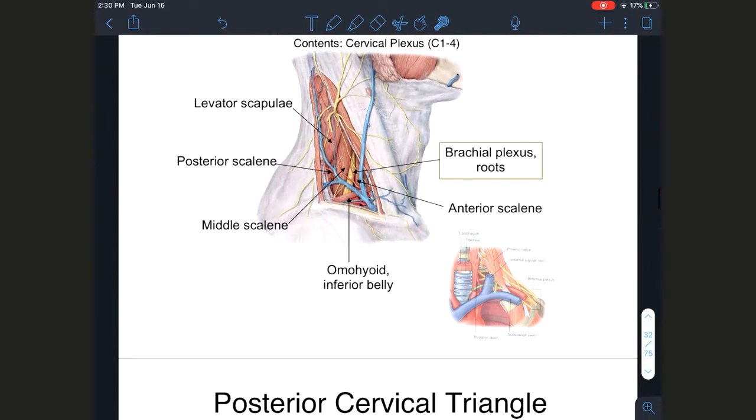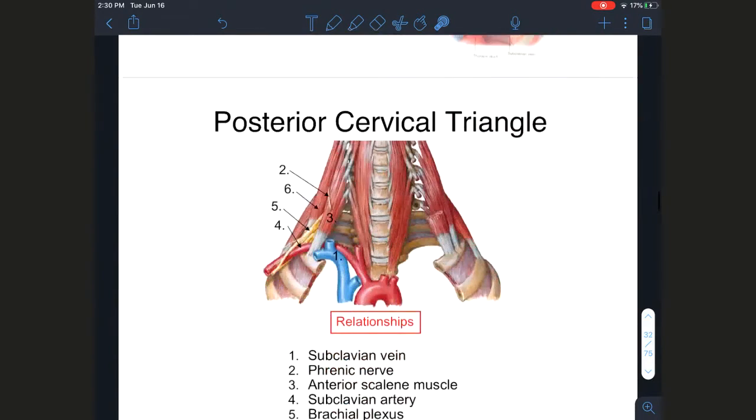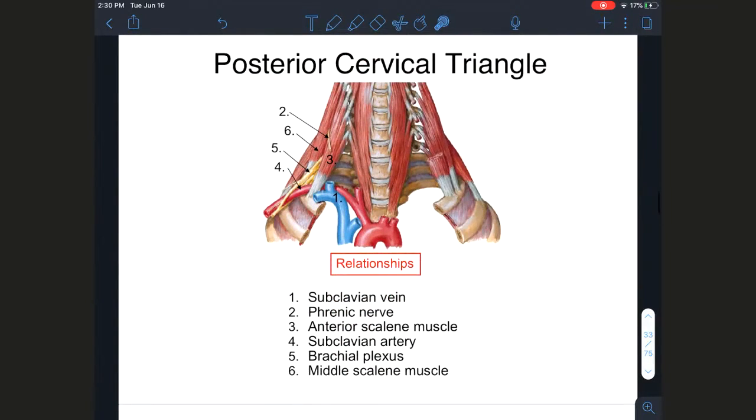Can you go back down again real quick? He mentioned something about C345 keeping the diaphragm. Yes, the phrenic nerve comes off of C3, 4, and 5, and that's how I learned it too: 345, keep the diaphragm alive.